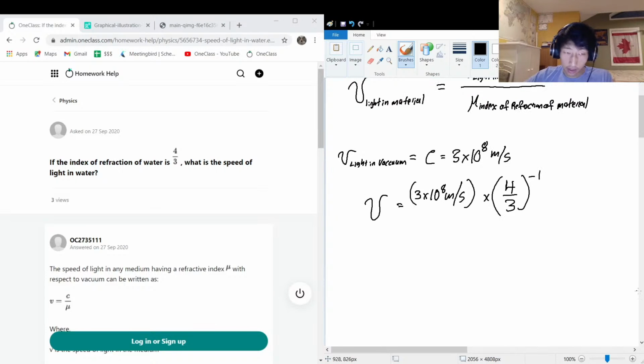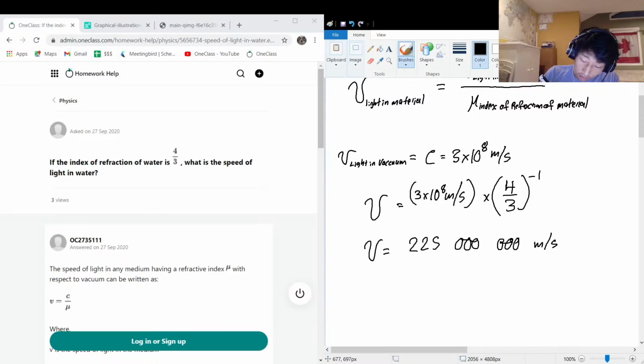And the result I got was V equals 225,000,000 meters per second.